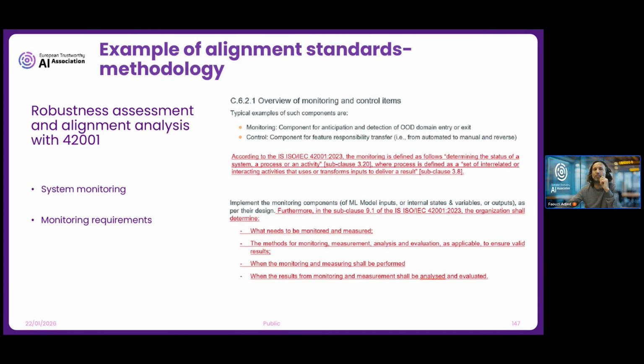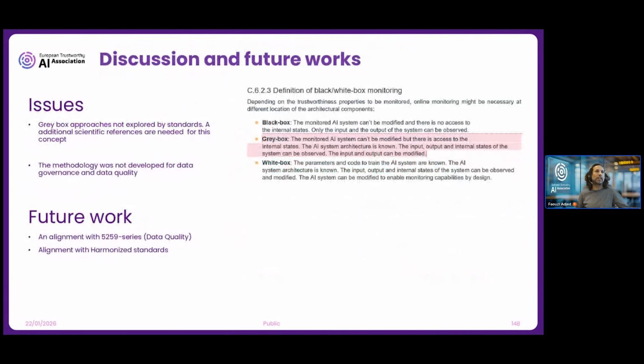We have to know 2 things in standardization: there is should, which is a recommendation, and shall, which is an obligation. And when we see shall in the standard, we have to perform and to evaluate that specific thing, maybe a metric or whatever we want to do.